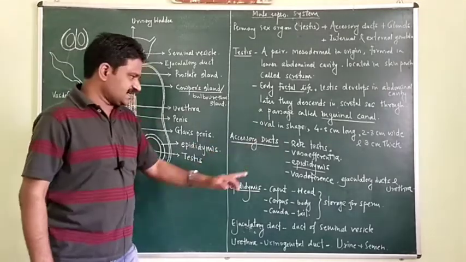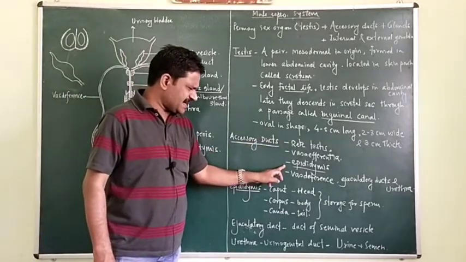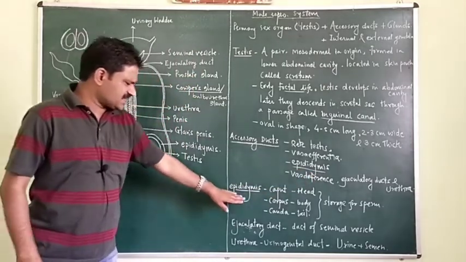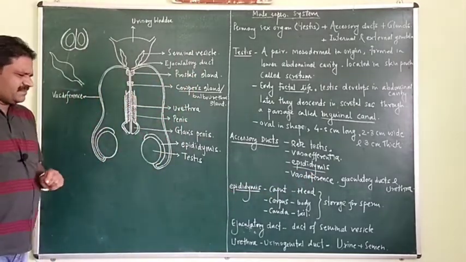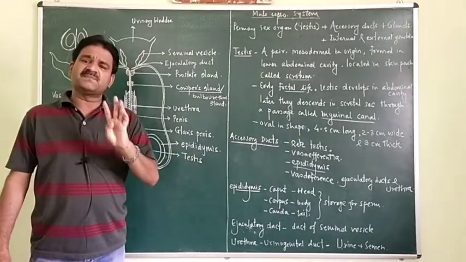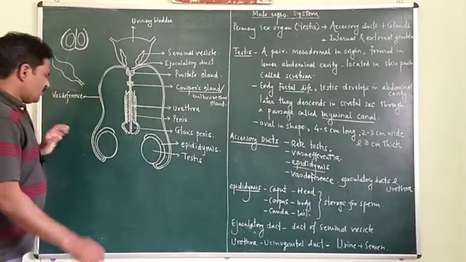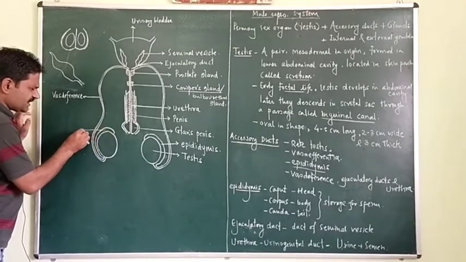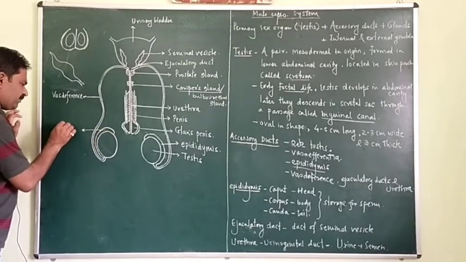These are the accessory ducts: rete testis, vasa efferentia, epididymis, vas deferens, ejaculatory ducts and urethra. Now see this epididymis. It is made up of three parts. The topmost portion is called the head, that is the caput.